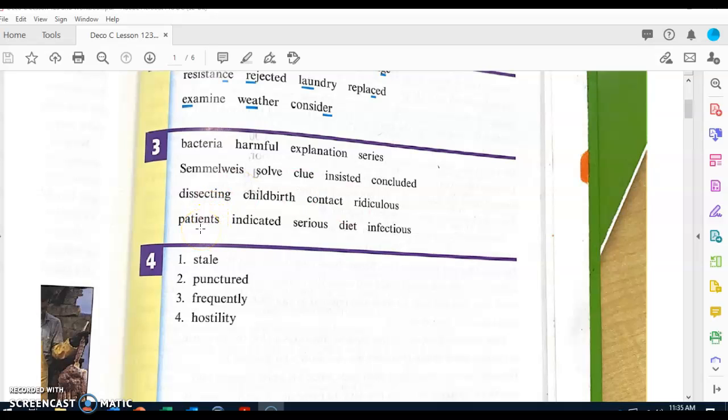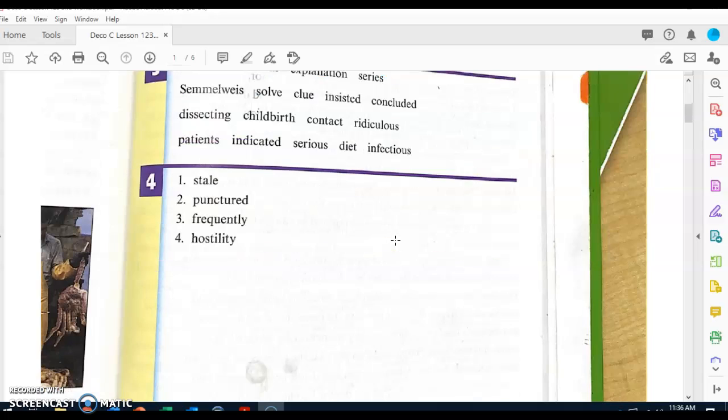Next word. What word? Patience. Next word. What word? Indicated. Next word. What word? Serious. Next word. What word? Diet. Next word. What word? Infectious.